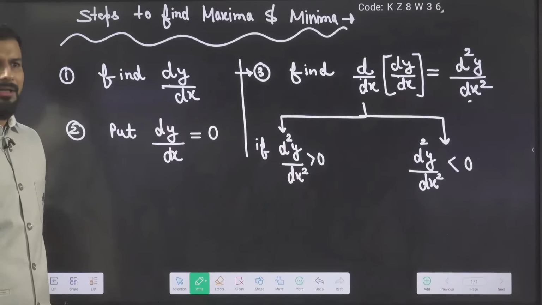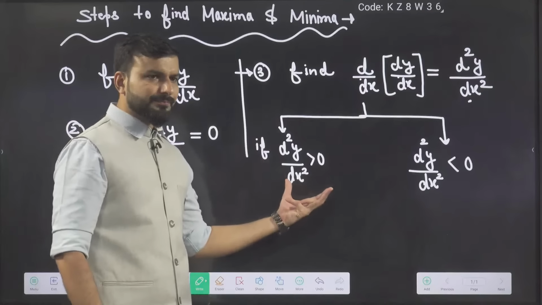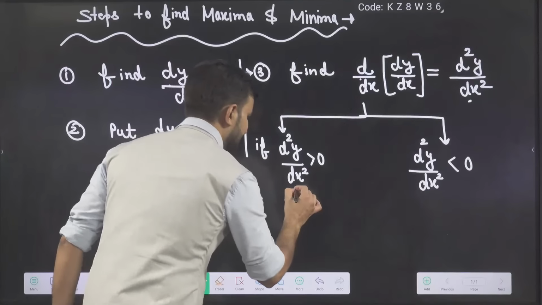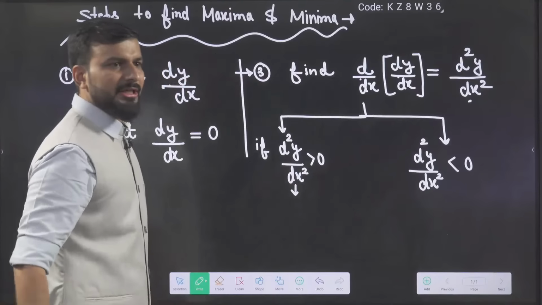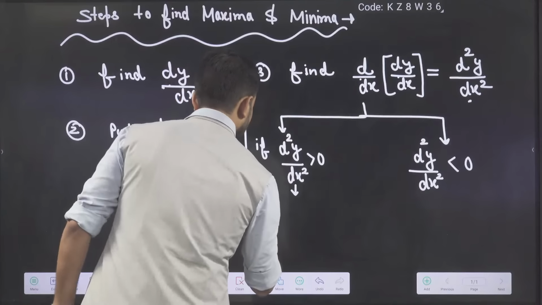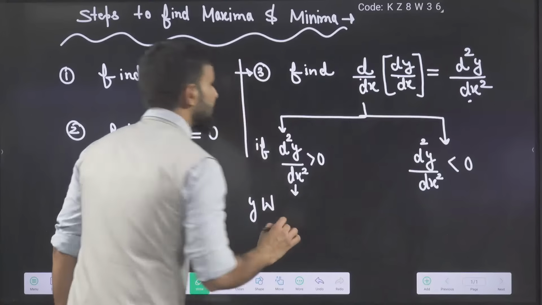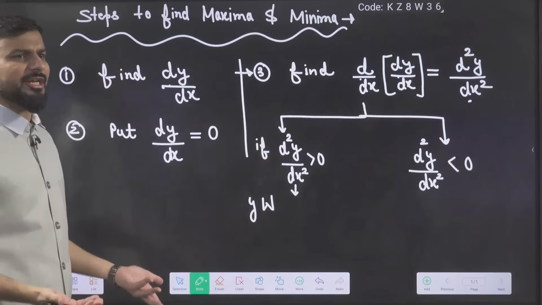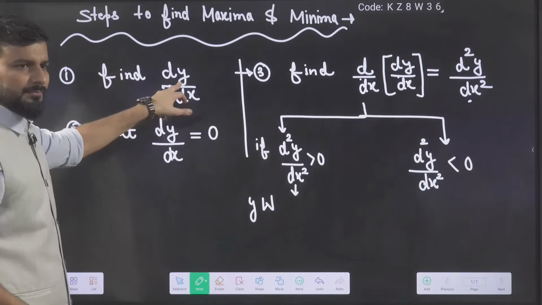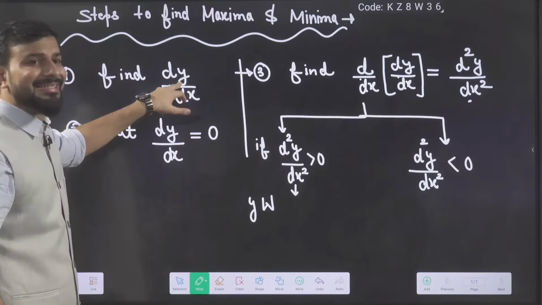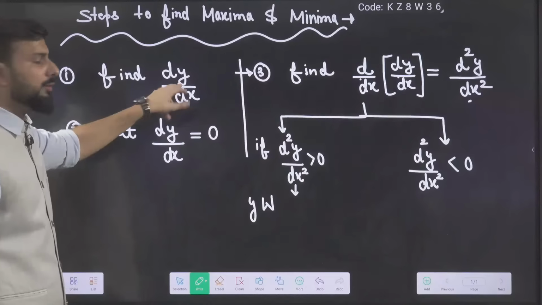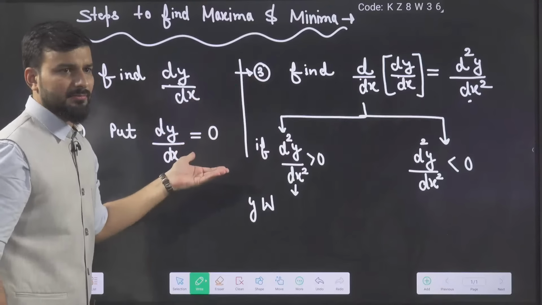Right, YouTube people? So now here, when this scenario is happening, y will have, because what is my function here? Whom I am differentiating? Y. So to find whether y will have maximum value or minimum value, I am doing all this process.